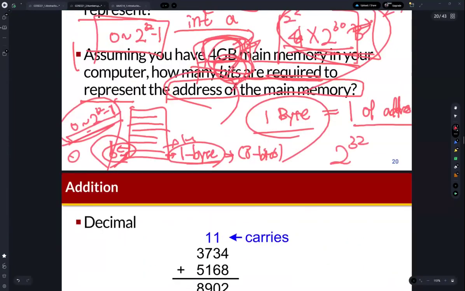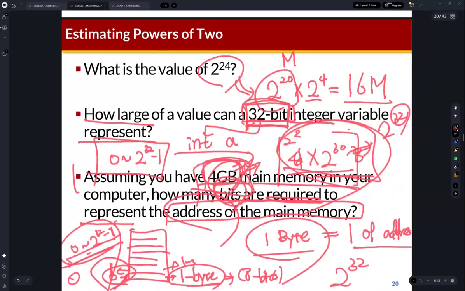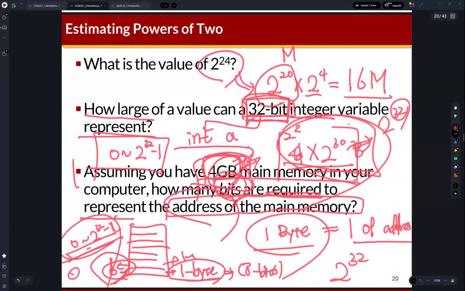Okay, so I hope you can become familiar with the binary representation. This is the basic practice in the computer engineering and computer science area.